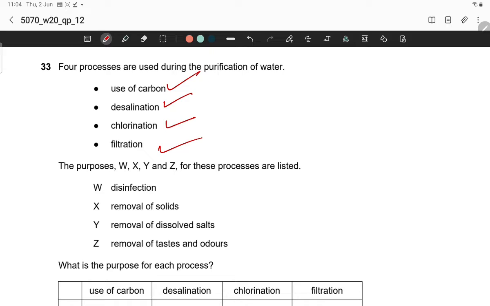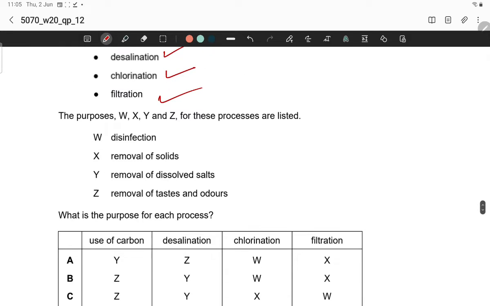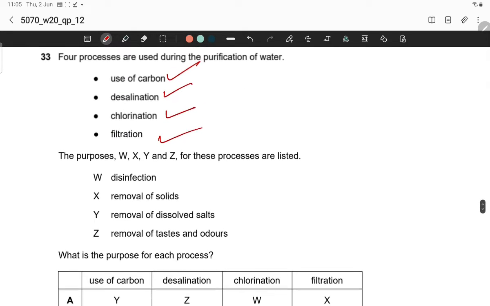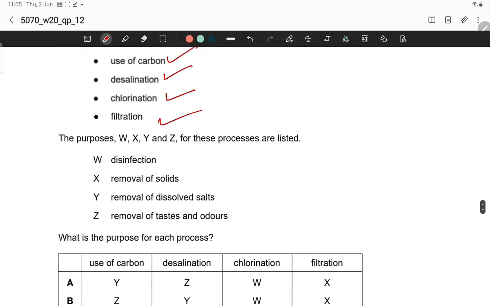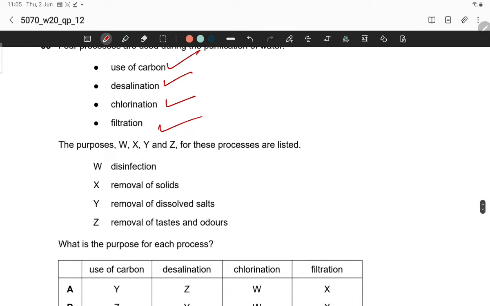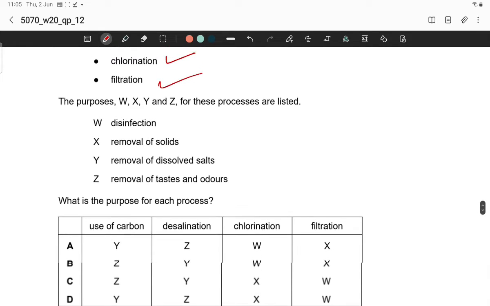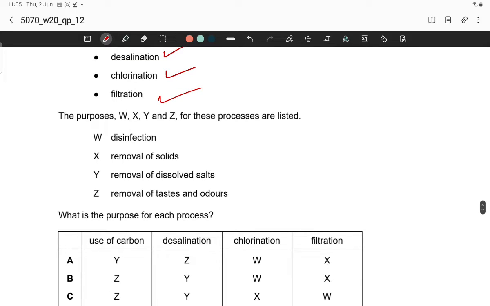Chlorination is used, filtration is used. The purposes of W, X, Y and Z are listed. W is used for disinfectant. Chlorination, chlorine is used for disinfectant. Chlorination, yes.